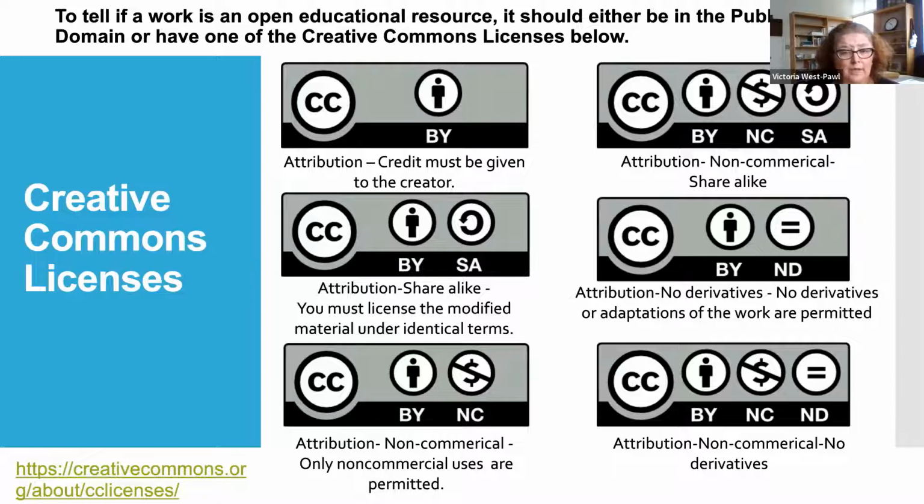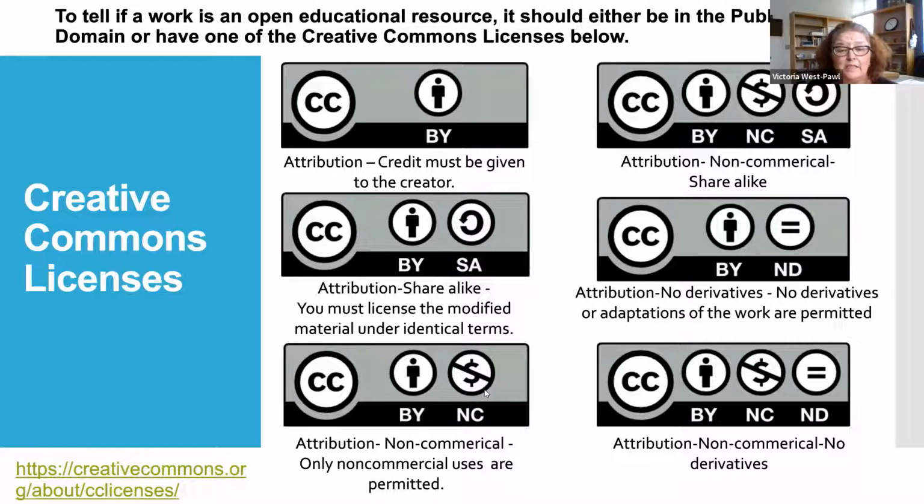The license underneath this attribution is share alike. That means you must license the modified materials under identical terms, and you also must give credit to the creator.